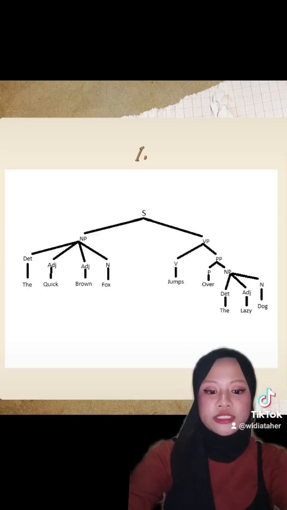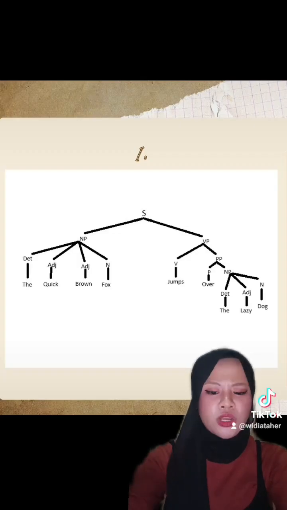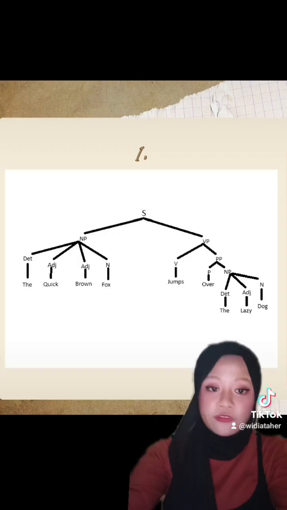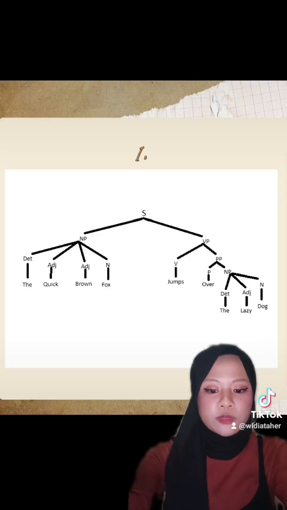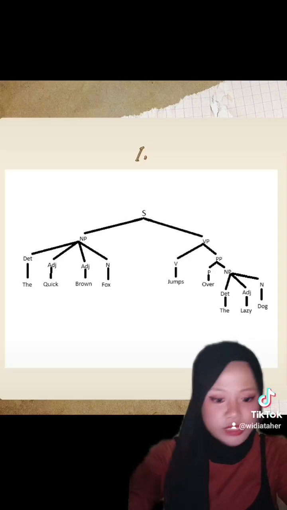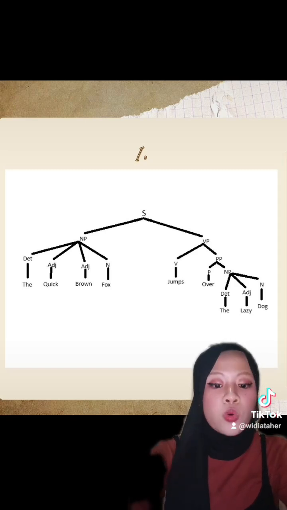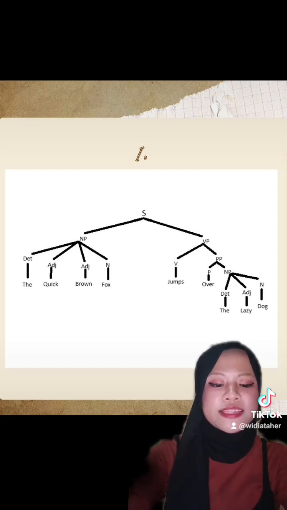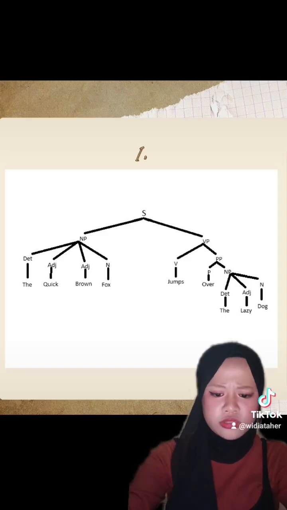In deep structure, everything is laid out simply. Subject: who is doing the action? Of course, the fox. Verb: what action is happening? The answer is jumps. Object or target: who or what is affected by the action? The answer is the dog.